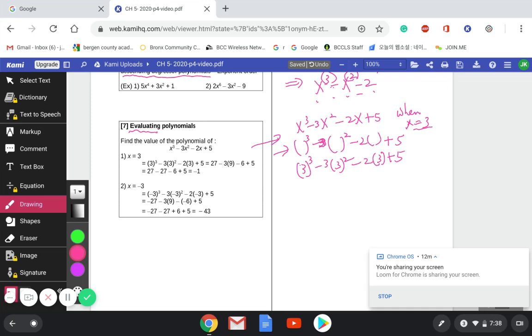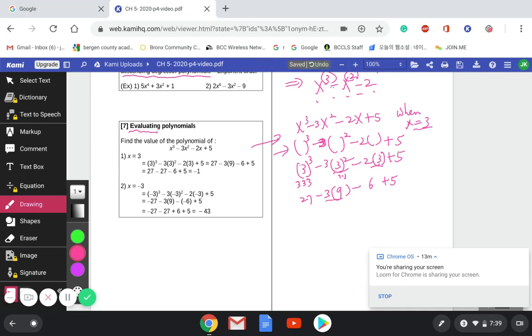And then this whole thing becomes order of operations. So 3 to the third is 3 times 3 times 3, so it becomes 27. Minus 3 times x squared means 3 times 3, which is 9. Minus 2 times 3 is 6, plus 5.